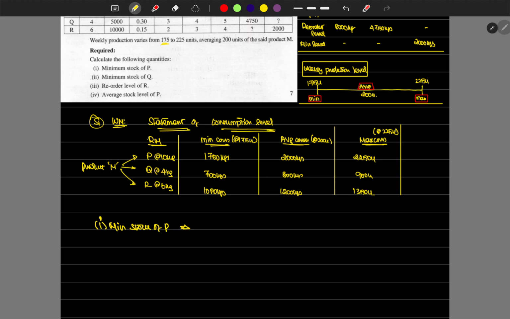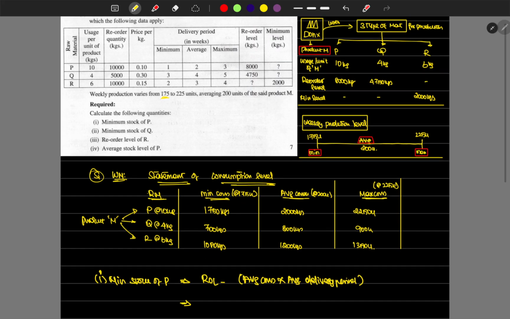Reorder level minus average consumption into average delivery period.